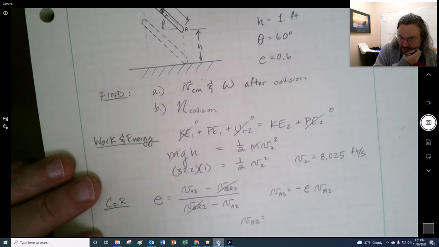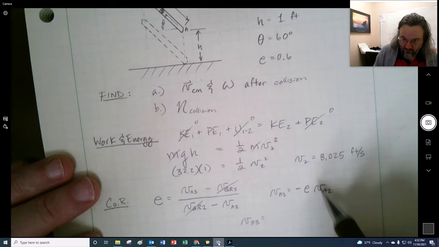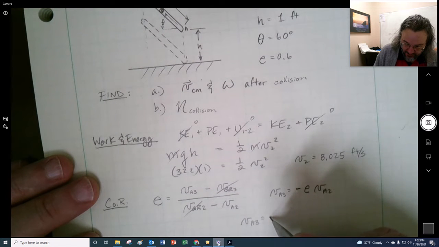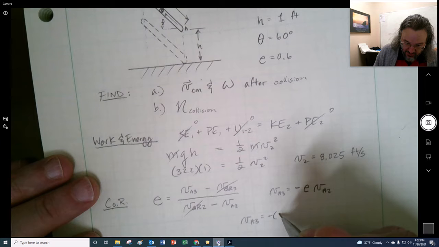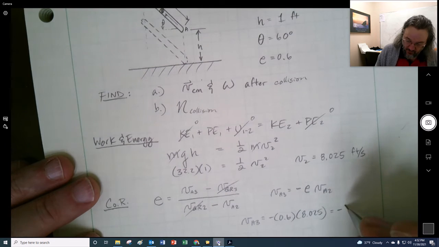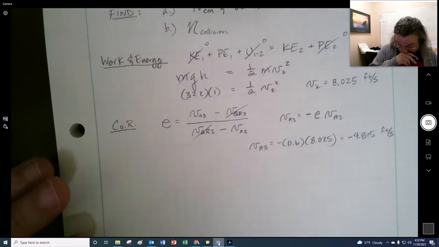We could even have said that this was a negative velocity and then it turns into a positive value. I'll put the negative in there, but it doesn't matter. So we have 0.6 as the coefficient of restitution times 8.025, so we get negative 4.815 feet per second.